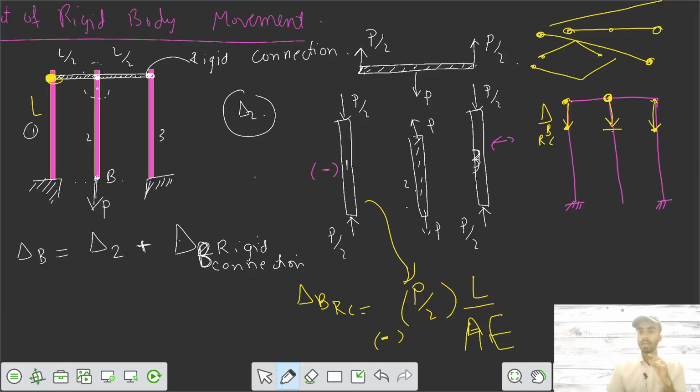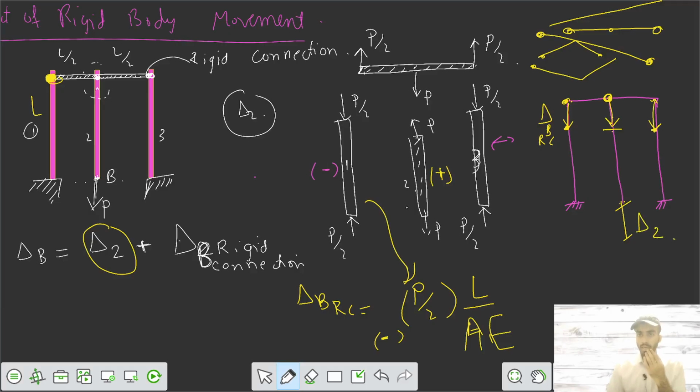Understand? Additionally, the deformation delta 2 is also there, but since the support at B is not fixed, it would also elongate. This is elongation. In bar 2, it has elongated by delta 2.